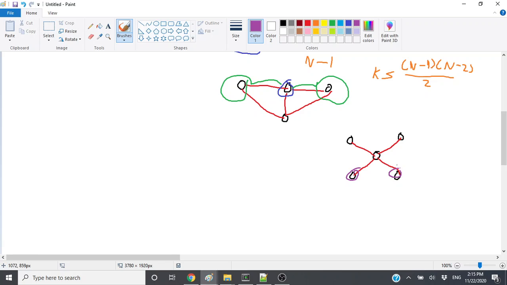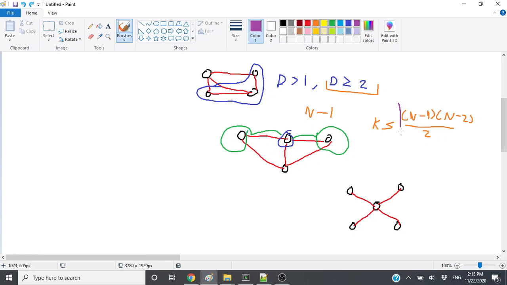So will this, so will this, and so will this. So we have exactly this many pairs. We have n minus 1 nodes, and we make a pair out of all of them, so it's just this. By the way, this is also n minus 1 choose 2, which just makes sense.